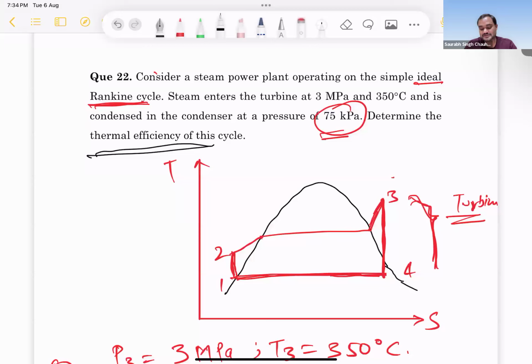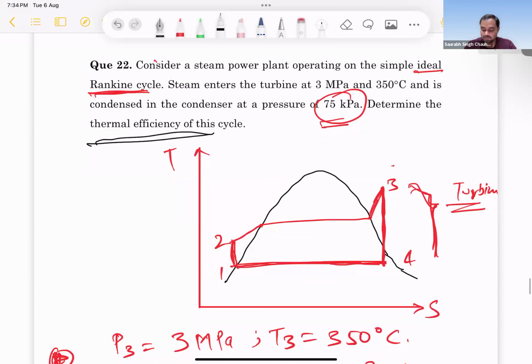Sometimes the processes are isentropic, so if the entropy is given at one end, the same entropy will be at the other end. Using these concepts, you can find all the values at all the points. For calculating efficiency or work output or input, we need enthalpy values, so better to find all those values first, then proceed.